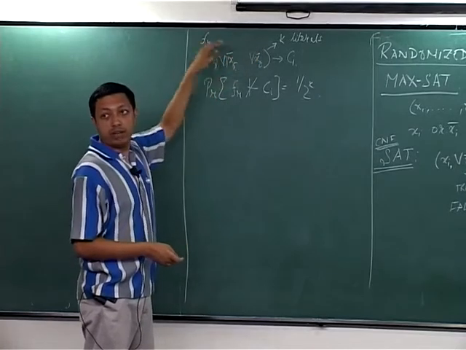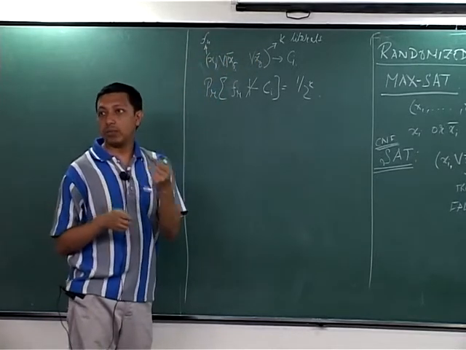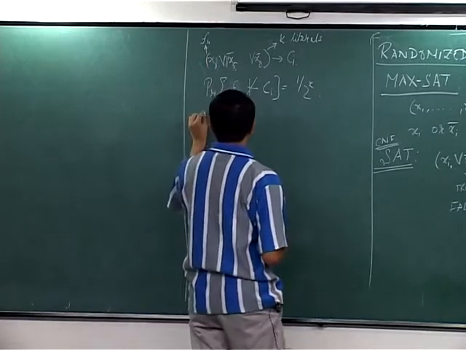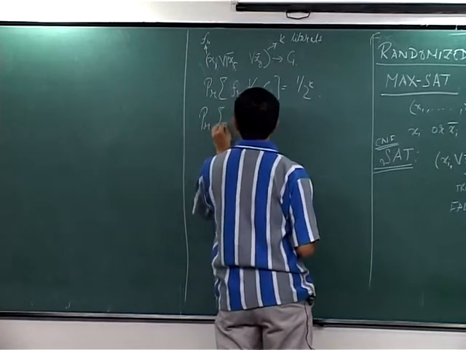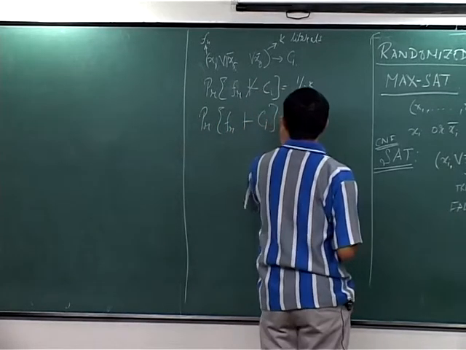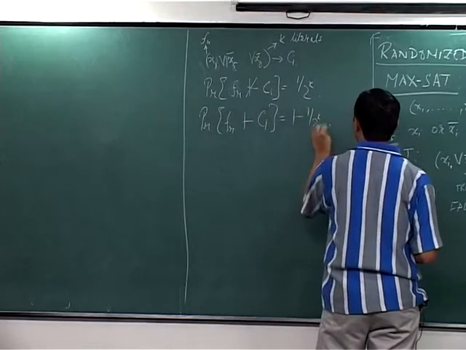If any of them hits the right button, then you will be done. So the probability that it doesn't satisfy is 1 by 2 power k, and the probability that it does satisfy is 1 minus that, right?